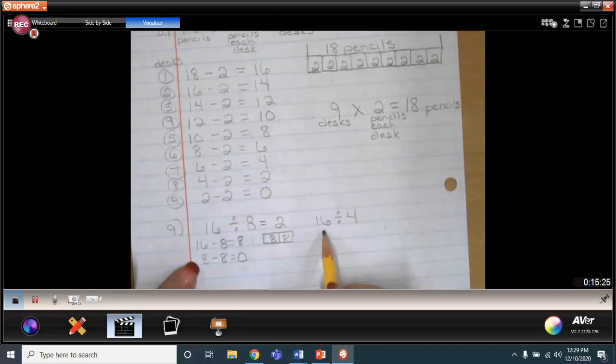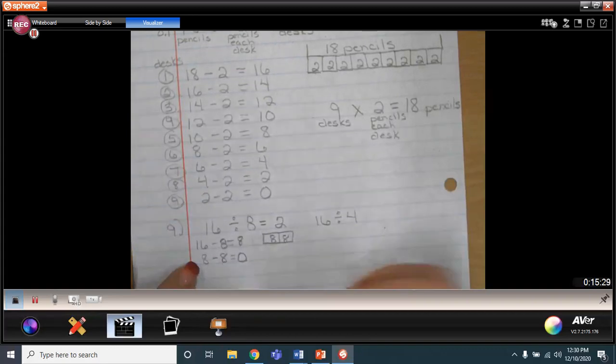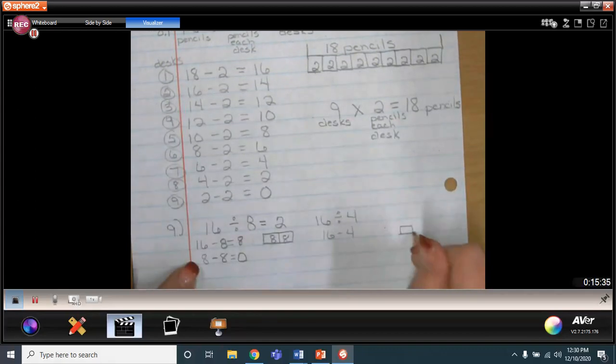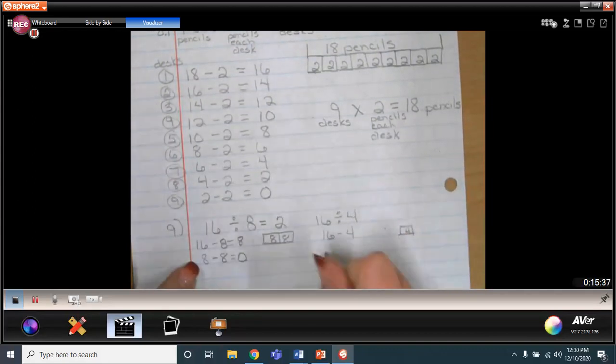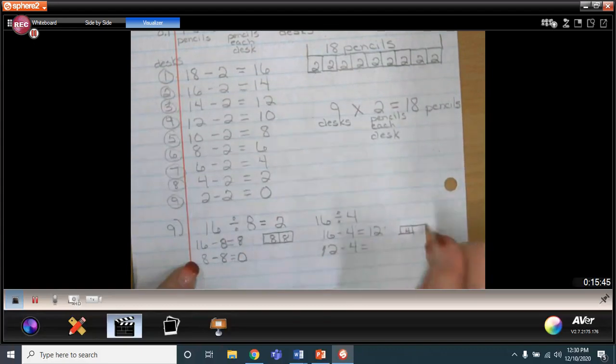If he was going to do it with 4 on each shelf, he would start with 16, take away 4, put them on a shelf. Now he has 1 shelf. That's 12. Now if I take those 12 and take away 4 more and put those on a shelf, now I'm at 8.